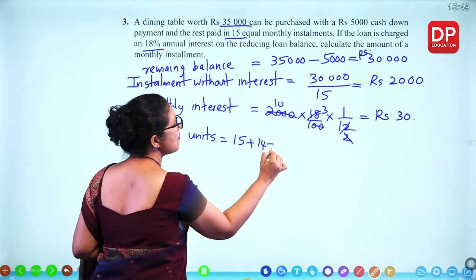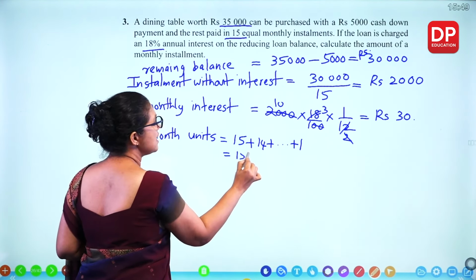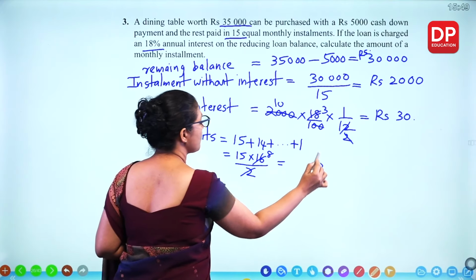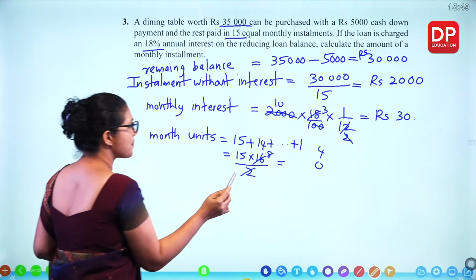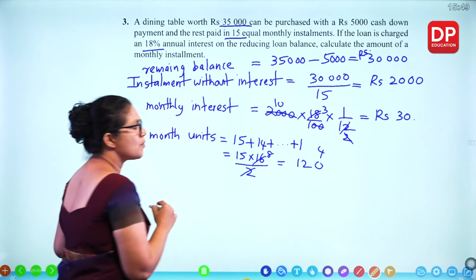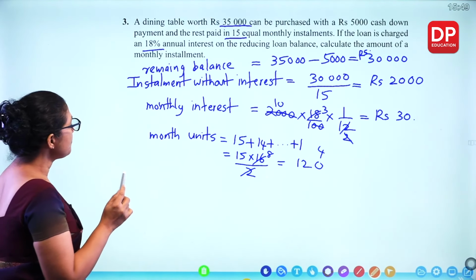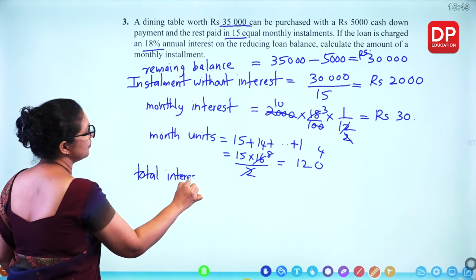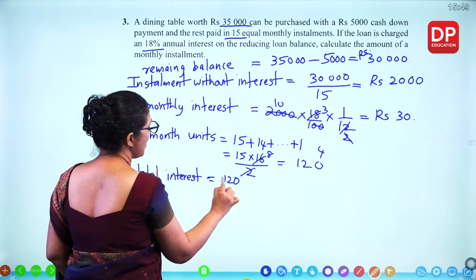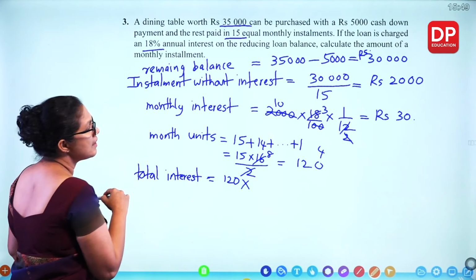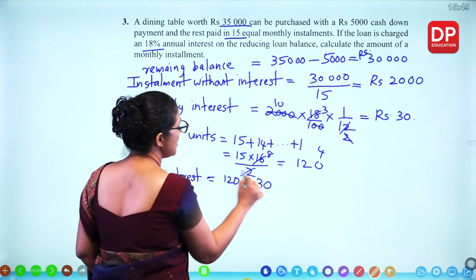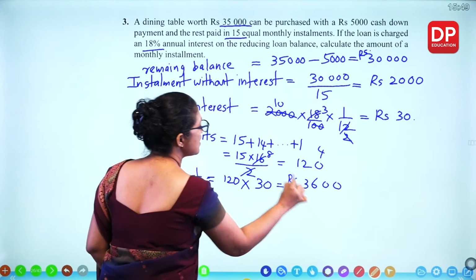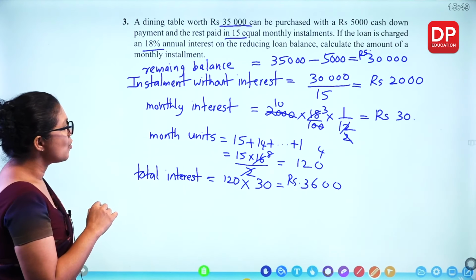So 15 plus 14 plus up to 1. 15 times 16 divided by 2. So you get 120 month units. So what's the total interest? 120 month units, and then multiply, each one is 30 rupees. 3,600 rupees. That's the total interest.